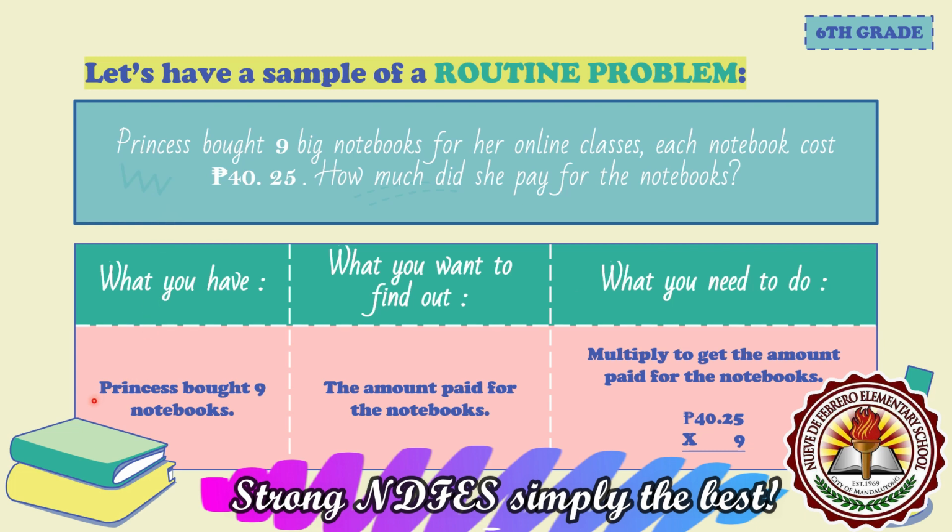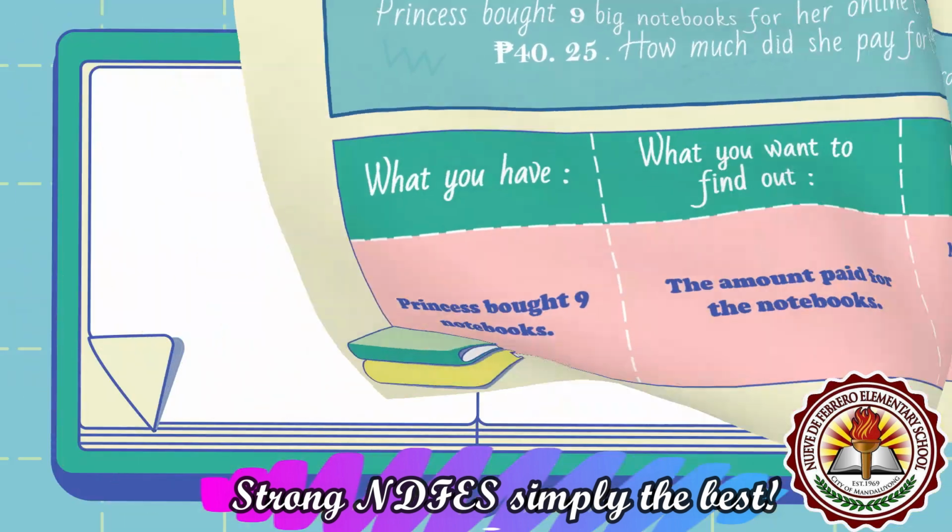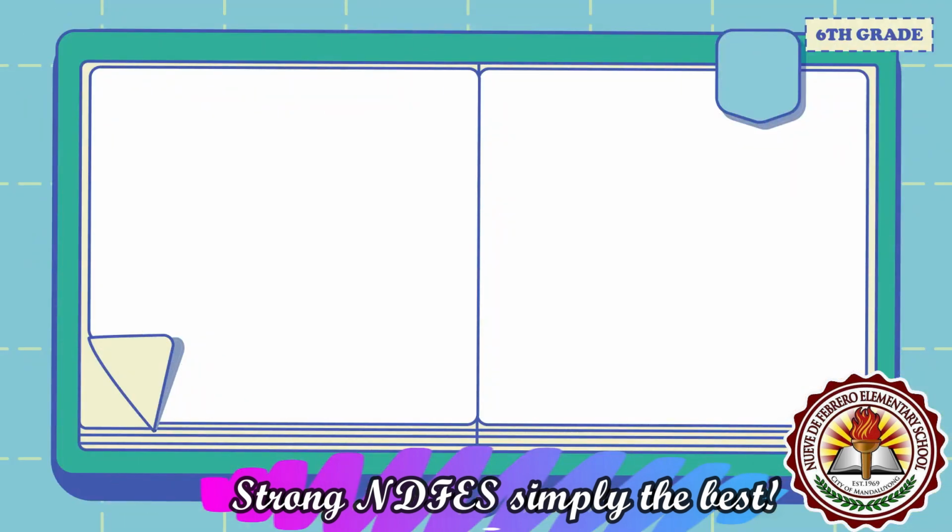If you have noticed, the first column gives the answer of the given facts. The second column answers what is asked, and the third column answers the process to be used. To understand the problem very well, let's go through the different steps in solving a word problem.